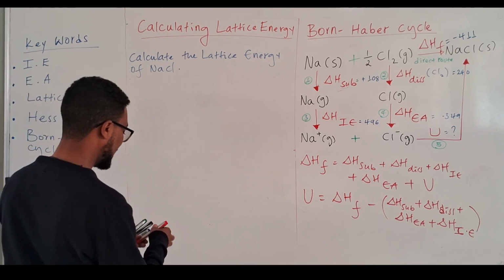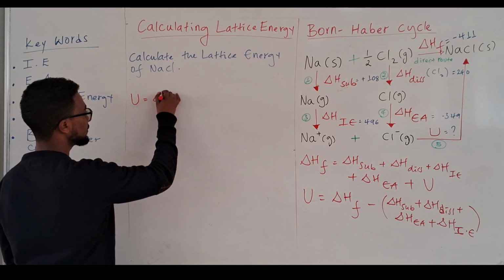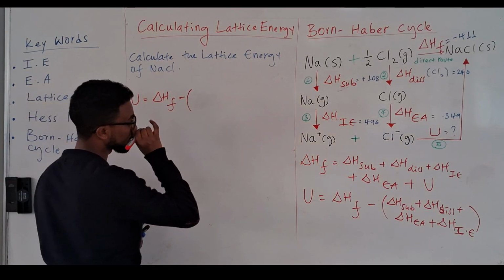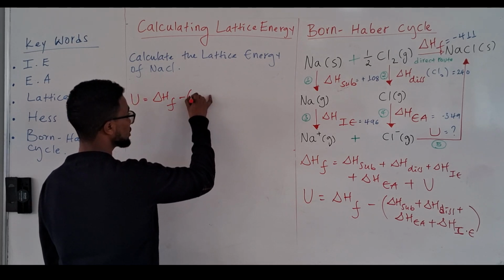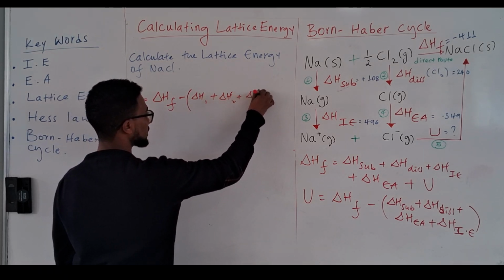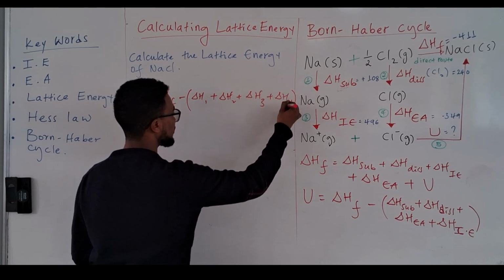So applying Hess's law, lattice energy is the same as enthalpy change of formation minus the sum of all the other enthalpy changes. Okay, enthalpy change in step 1 plus enthalpy change in step 2 plus enthalpy change in step 3 and enthalpy change in step 4.